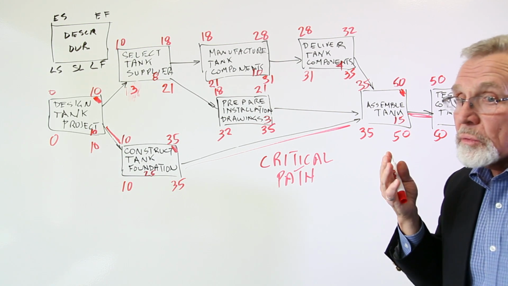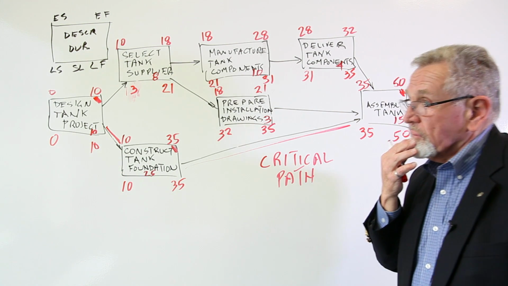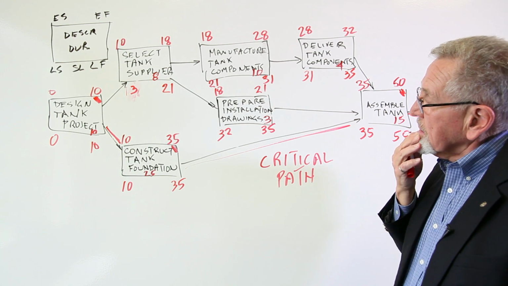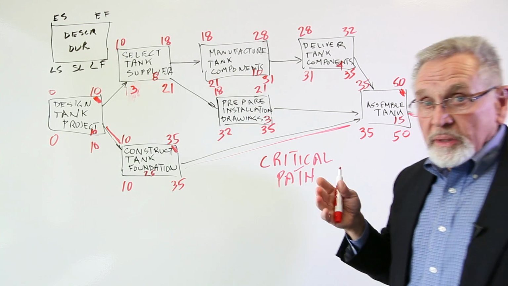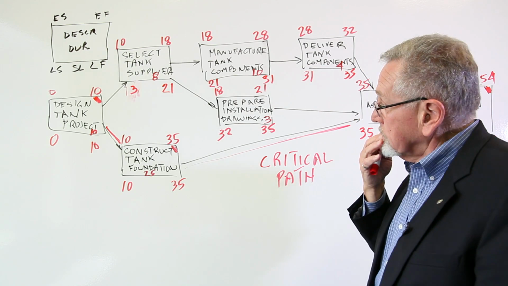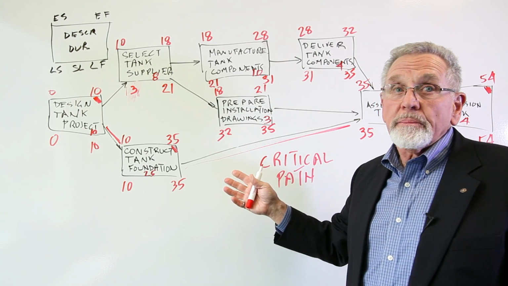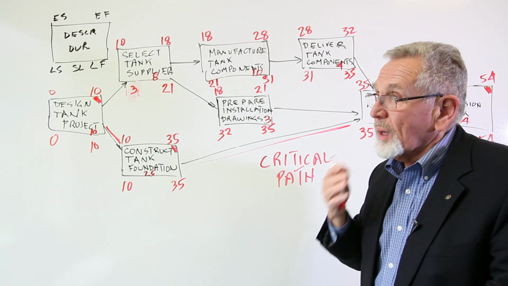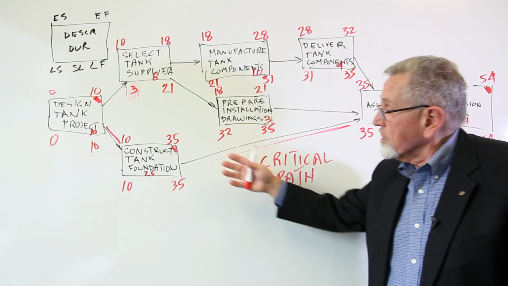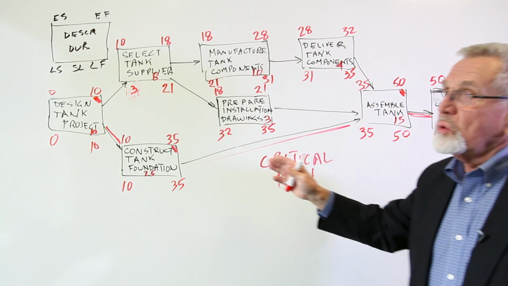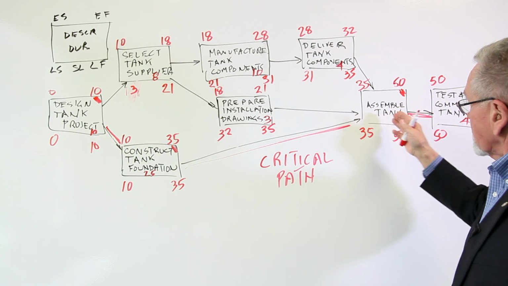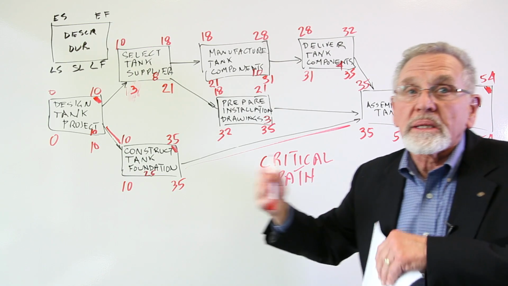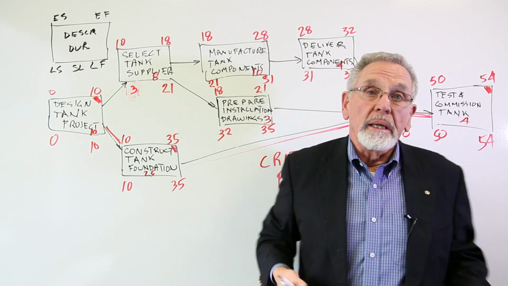And as we said in the first part of this, that means that these are the activities that have to be supervised most closely. If any one of those slips by starting too late or by taking longer than estimated, and if we don't do anything about that in subsequent activities, if they stay the same, then we're going to expect a slippage in the project end date.